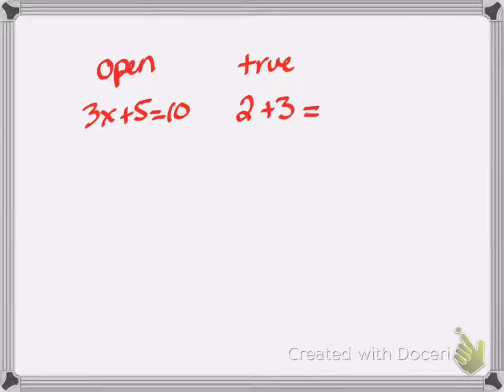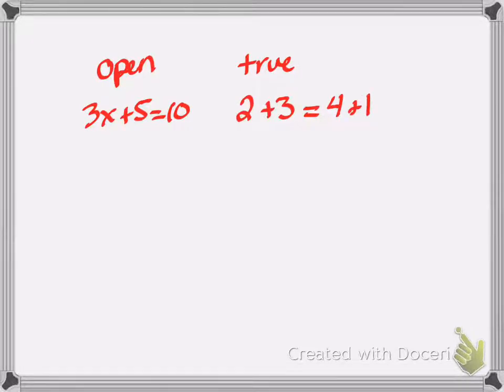So an open statement is something that has a variable, like 3x plus 5 equals 10. A true statement is something where there's no variable, and you have something like 2 plus 3 is equal to 4 plus 1.